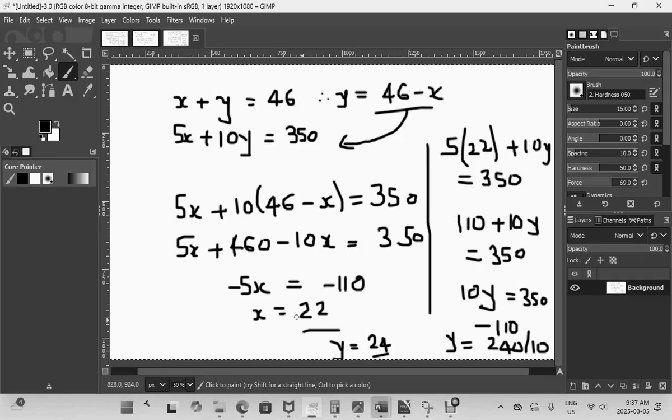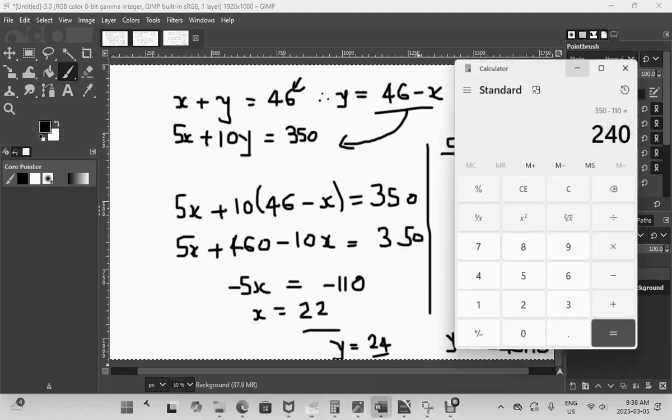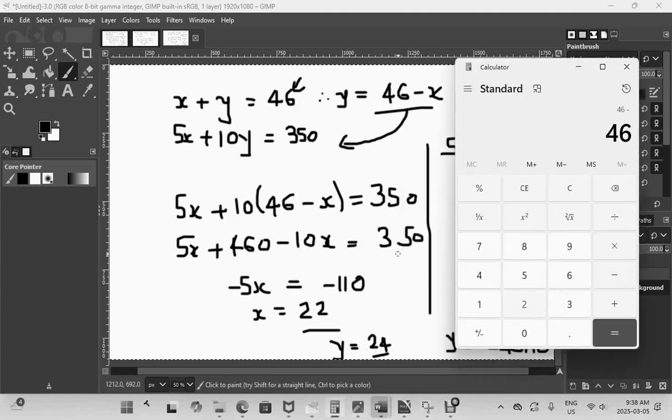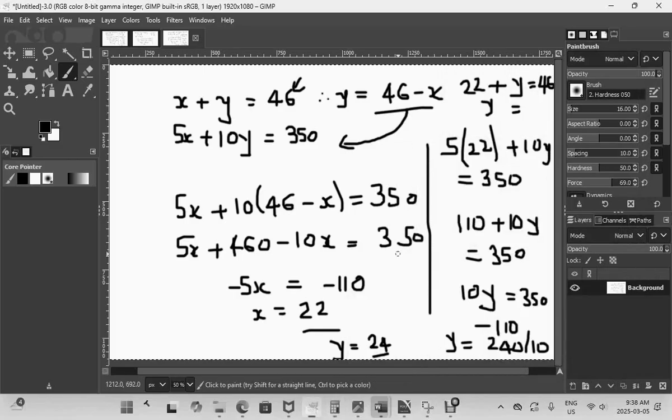We can also sub the value of x into the first equation to figure out the value for y. So 22 plus y equals 46, so y equals 46 minus 22, which is 24.